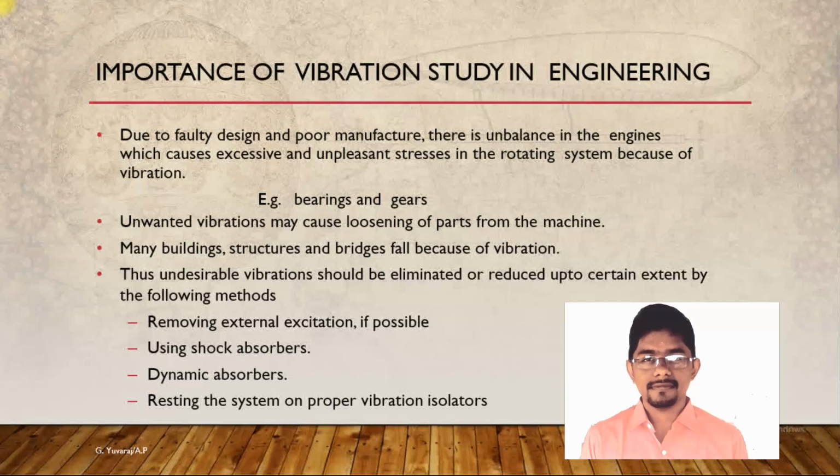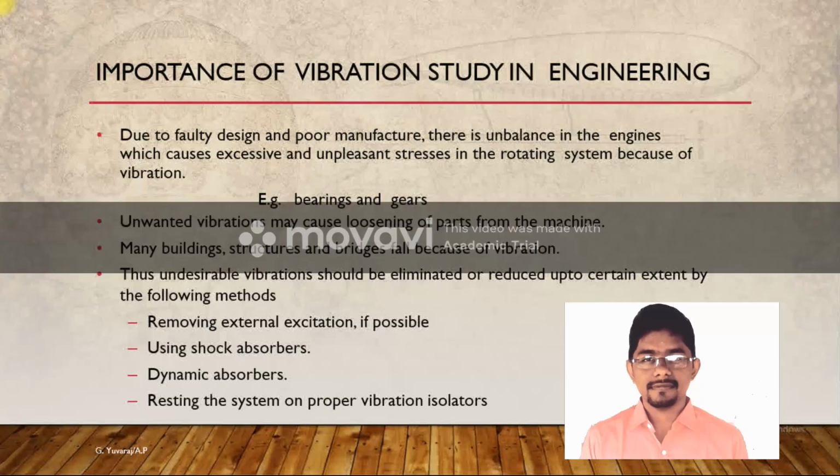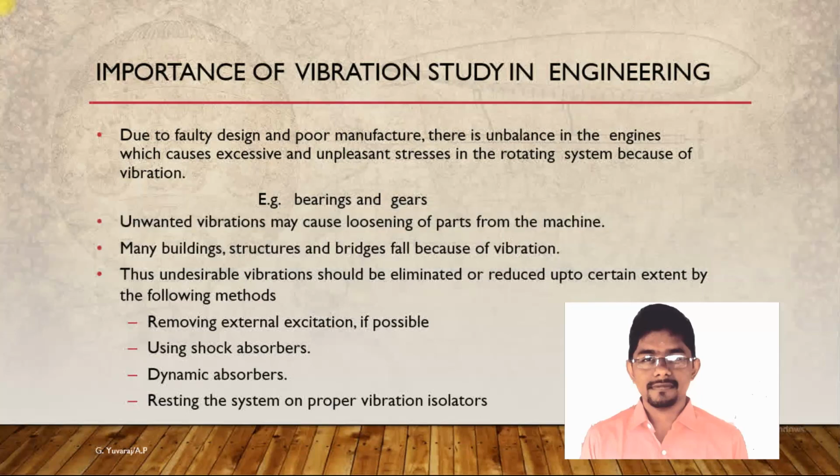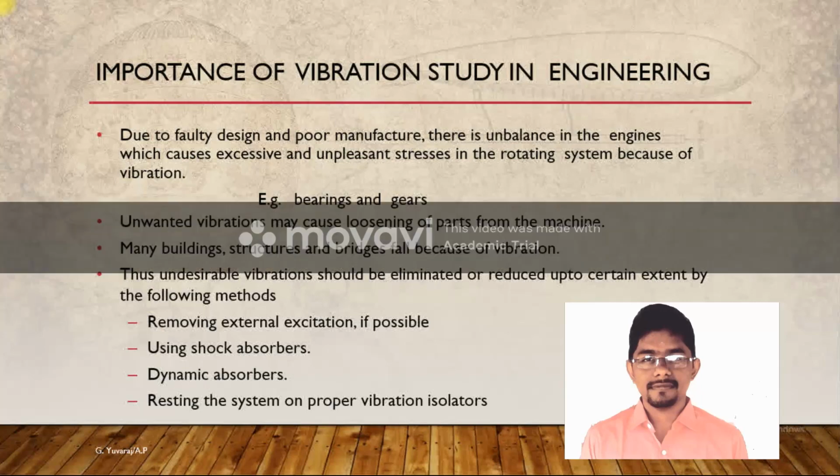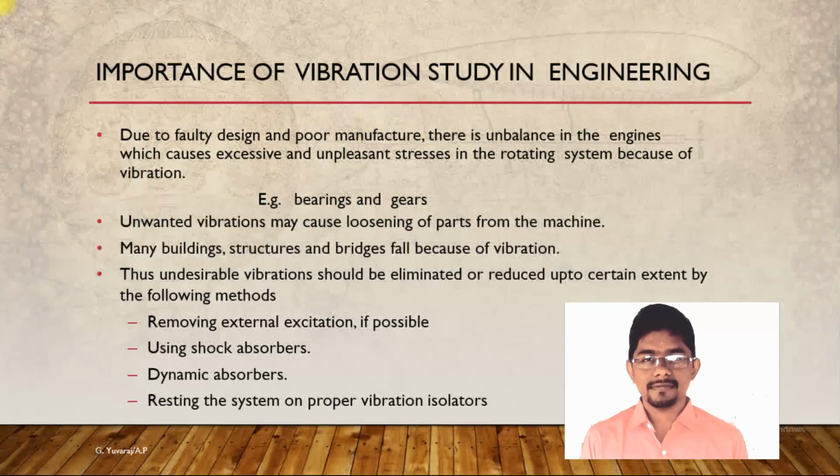Unwanted vibrations may cause loosening of parts in the machine. For example, if you take your two-wheeler and it moves over speed breakers frequently, say every 10 meters, because of the speed and the movement, the body experiences a loosening effect, which means the spare parts of the two-wheeler may get loosened because of vibrations.